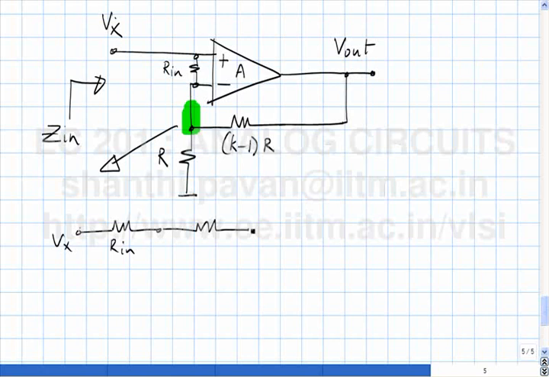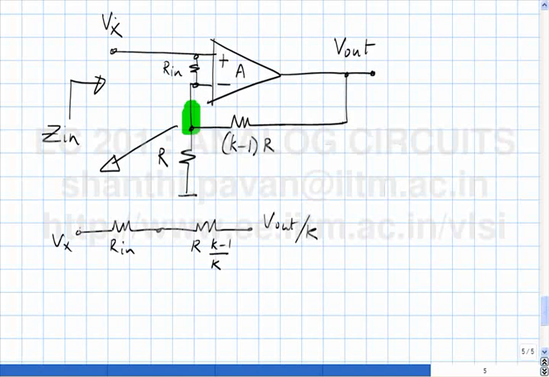So that will be V out by K, and the output impedance of that, the Thevenin impedance, is basically R parallel K minus 1 into R. And what is R parallel K minus 1 into R? It is equivalent to a single resistor of value R times K minus 1 by K.